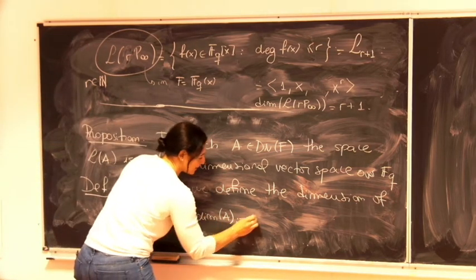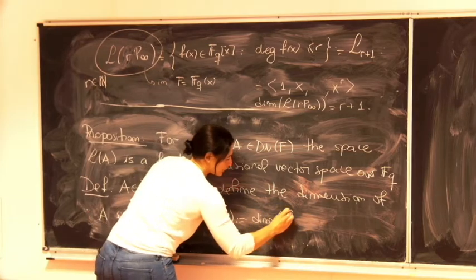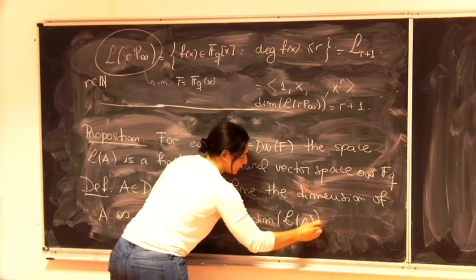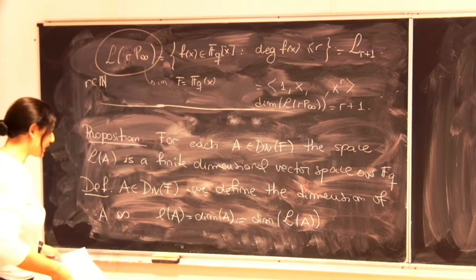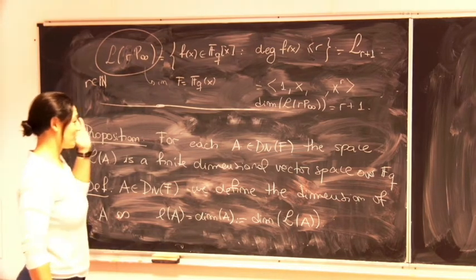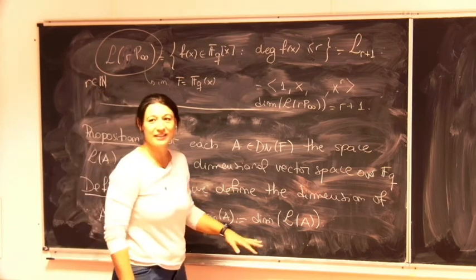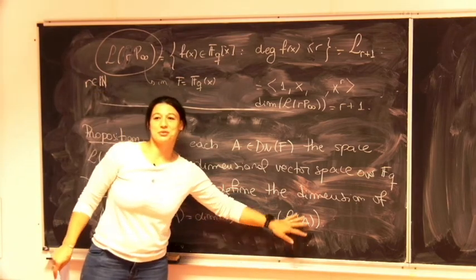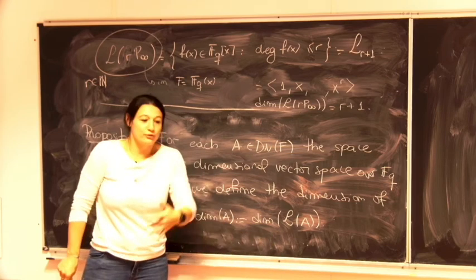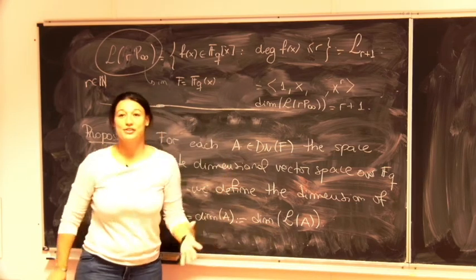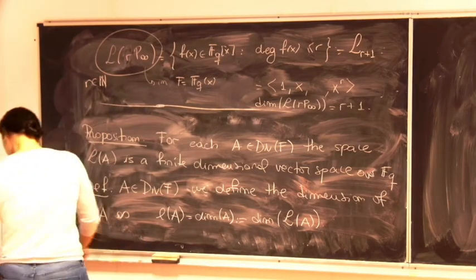And this is the dimension of the Riemann-Roch space associated to A. And of course, one major problem in this theory is to say something about this dimension for any, or at least some kinds of divisors.